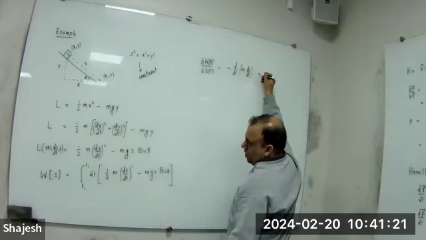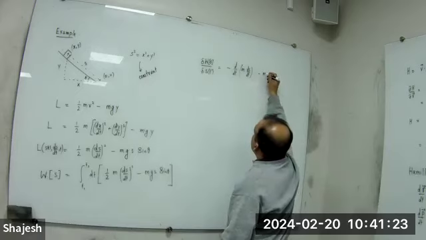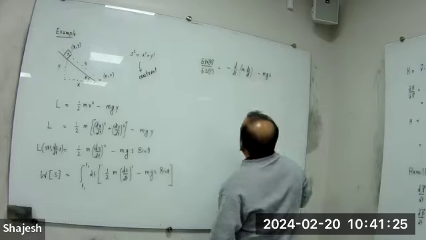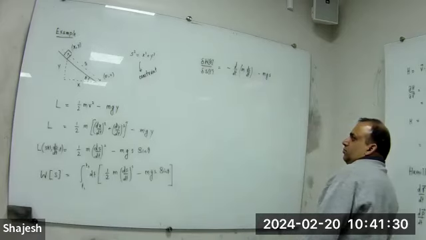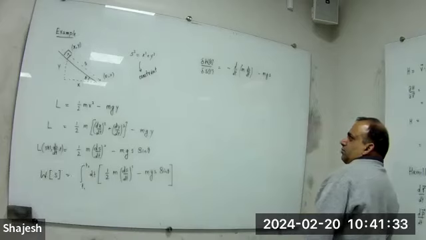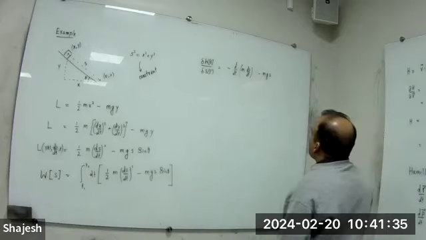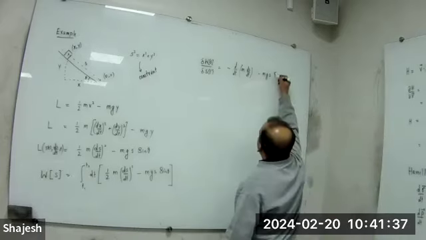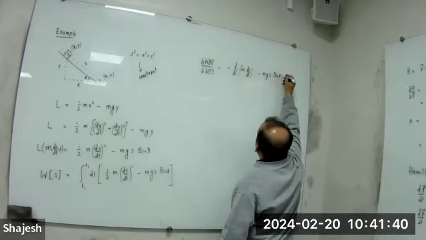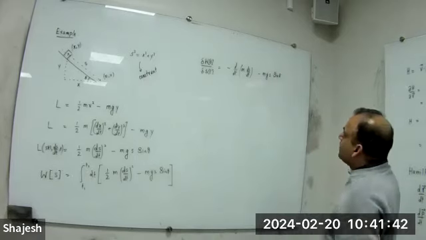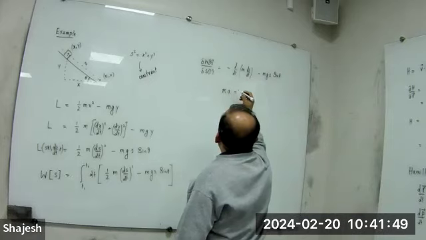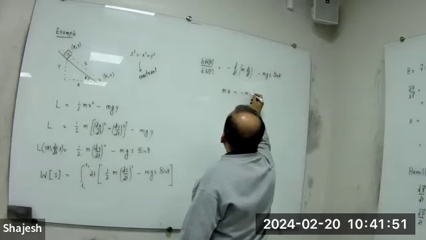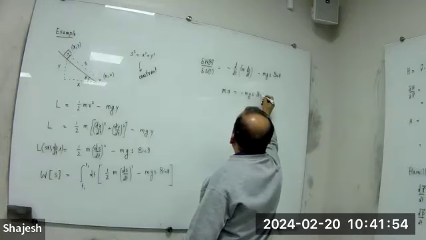This is minus, right, minus mg s. And it is coming up with the opposite sign because our s is different like this. Right? So this tells us that this is acceleration, right? Mass times acceleration is equal to minus mg sine theta.